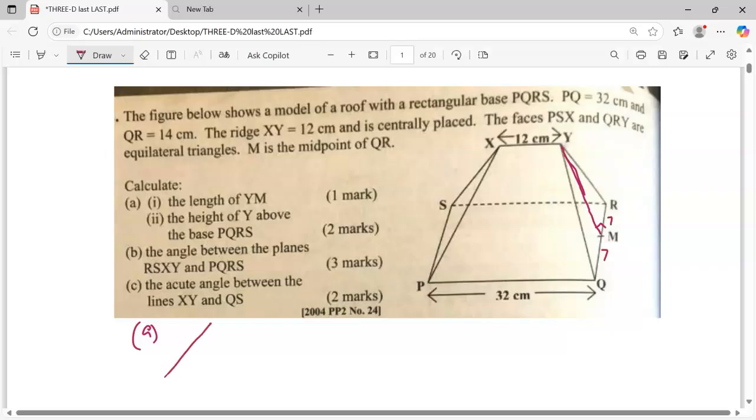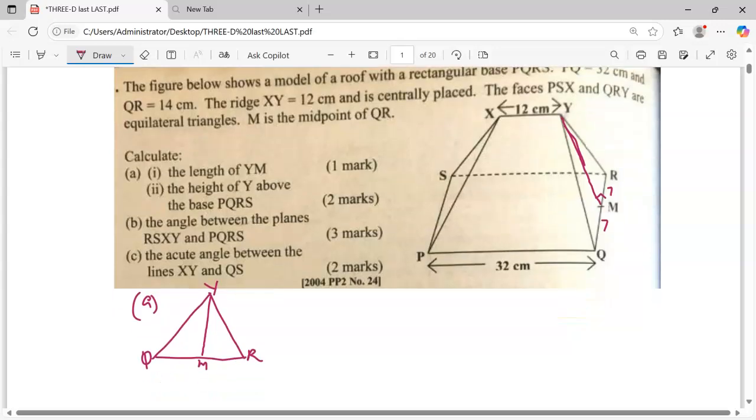Once we have done that, now we can extract a triangle, that is QRY. We have M at the center of QR, and this is Y up here. Remember, YR is 14, QY is 14, QR is 14, and therefore 7, 7, because M divides them into 2 equal parts.